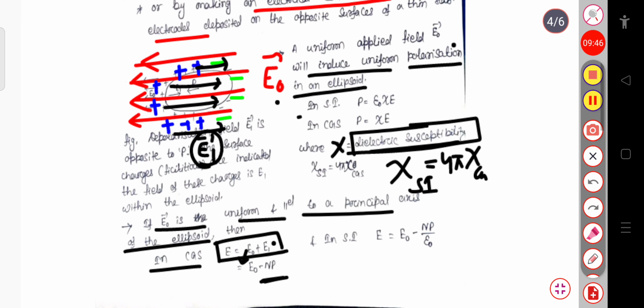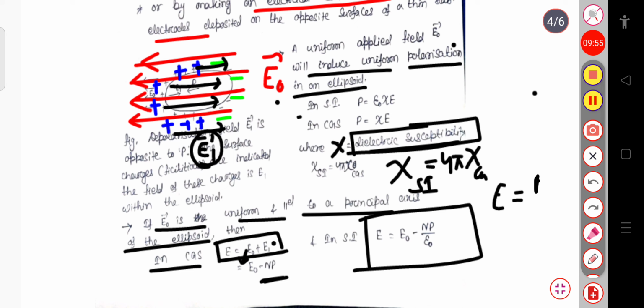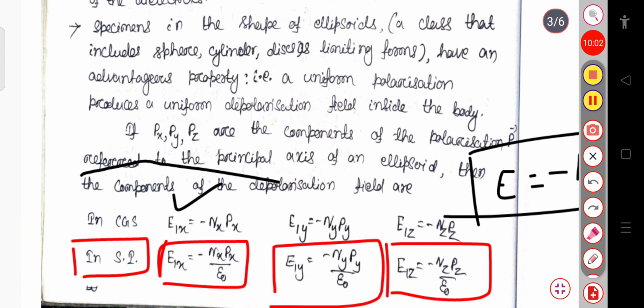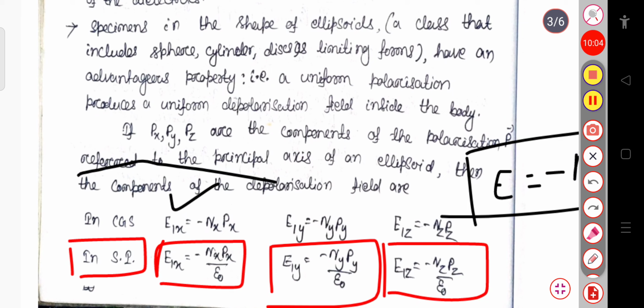Hence we can say that in SI system also E will be equal to E0 minus NP divided by epsilon naught. In SI system, if I consider this as a whole, E will be equal to minus NP by epsilon naught.